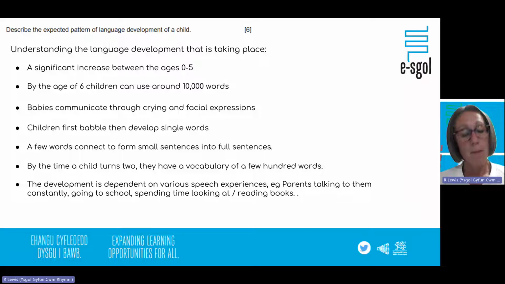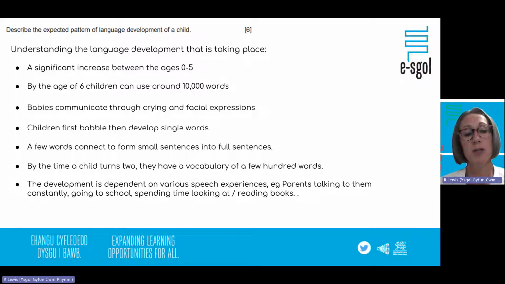Okay. By the age of 6, we would expect children to be able to use up to 10,000 words. Okay, babies start by obviously expressing themselves through crying and facial expressions. Then they will start to babble and form single words, and then this will form maybe 1 or 2 words, a small sentence, and then into a full sentence.